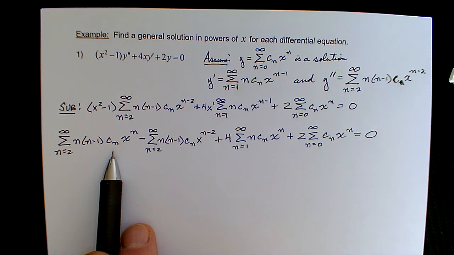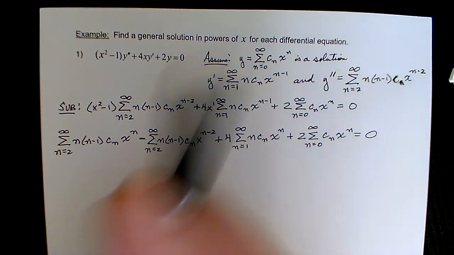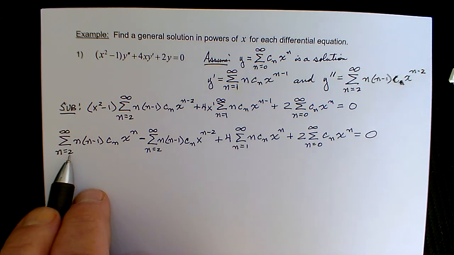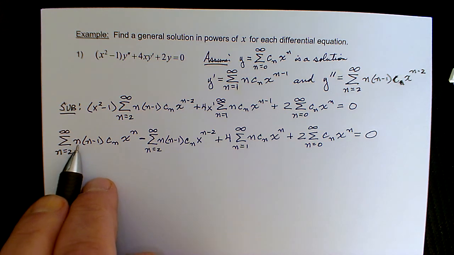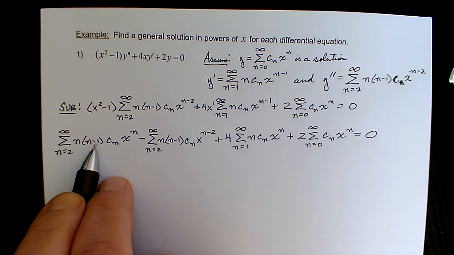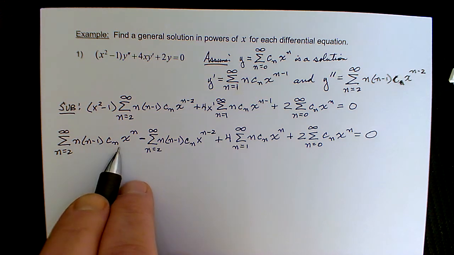But the interesting thing here is that if you consider that this is starting at 2, what if you considered it starting at 0? So just imagine that this started at 0. If instead of 2, because if you plug a 2 in here, you get 2 times 1 c sub 2 x squared.